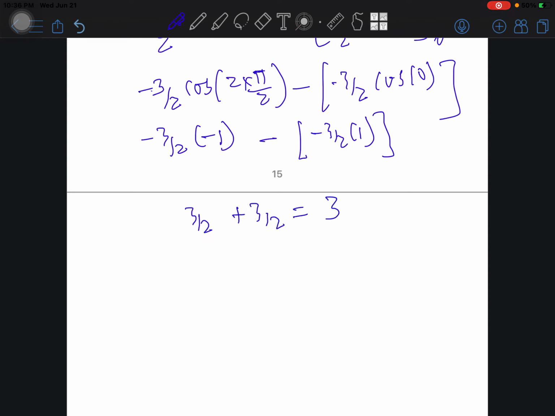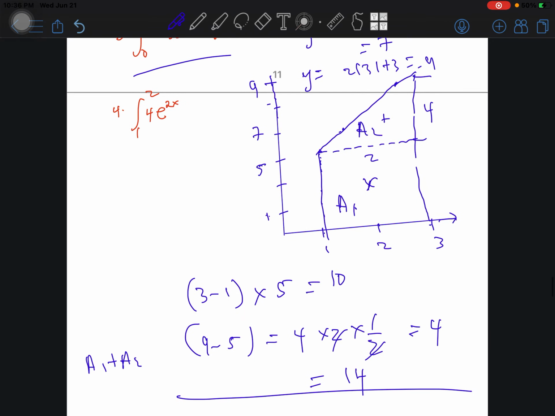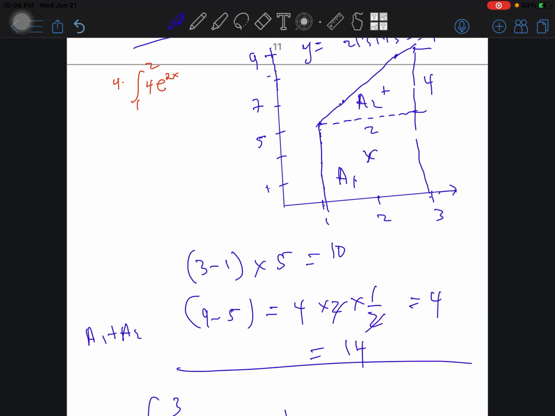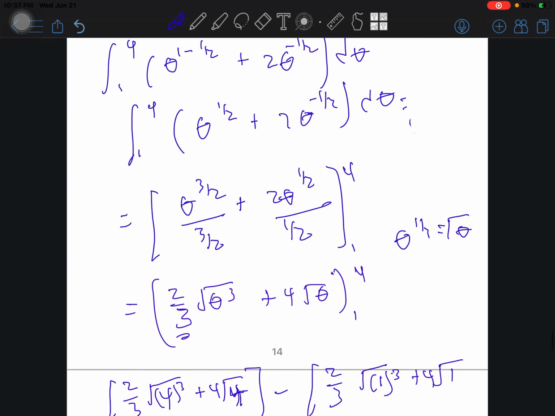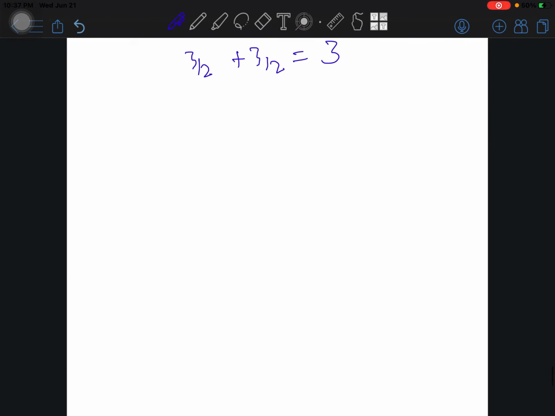So that's our answer. Let's look at the last example: 4 exponent 2x. Let's quickly solve it as well. Question 4: the integral from 1 to 2 of 4 e to the power 2x dx. With this question, it is the same approach.